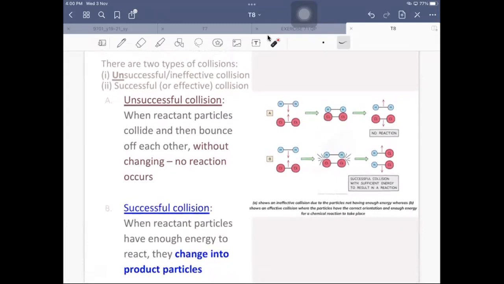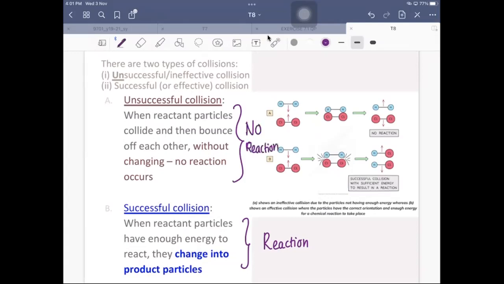So this is where reaction is happening. Okay, in other words, there is reaction here in the successful collision or effective collision, whereas in the unsuccessful collision or ineffective or non-effective, there is no reaction. They hit each other, but they don't turn into products.